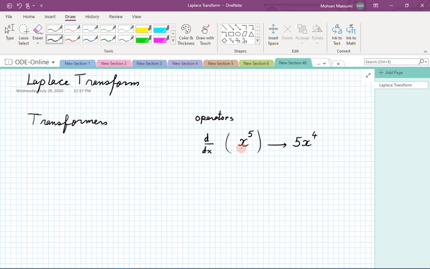This is what it takes in, and that's what it produces. Sometimes you write the input in some general notation, you call it f of x, and the output you have an abbreviated notation for it. Maybe you write it as f prime of x or something.